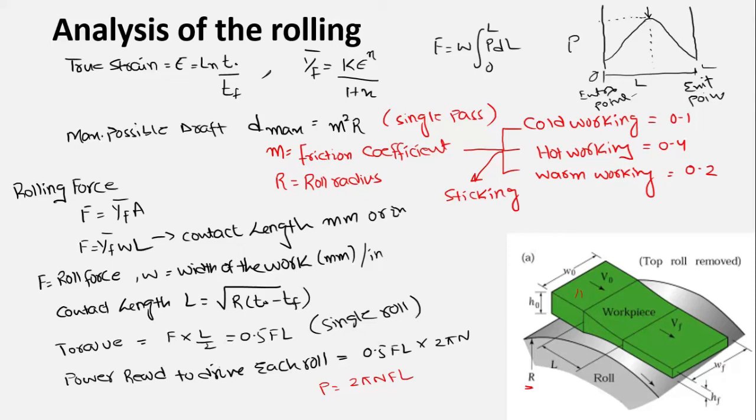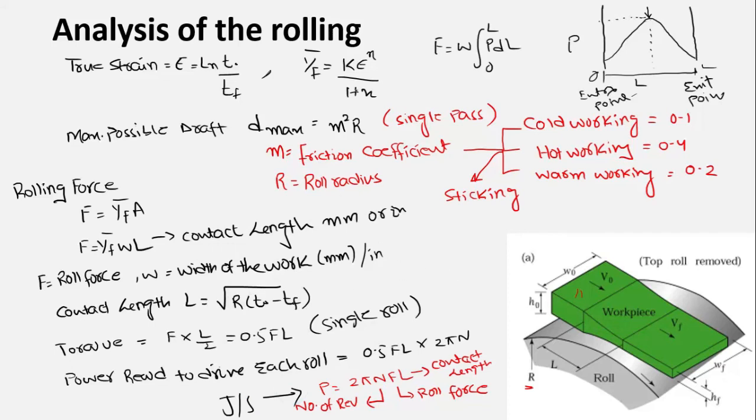In this case, this is the contact length as we have seen before, this is the roll force, and this is the number of revolutions for the roll. So this is how we can calculate the power. The unit of the power would be joules per second.